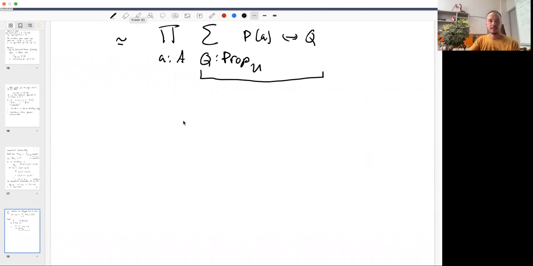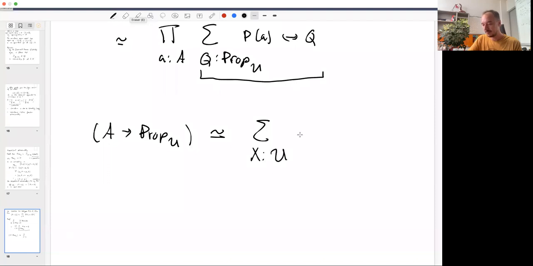Okay, so the next thing we want to show using univalence is that the type of subtypes of A is equivalent to the type of embeddings into A. So this, of course, is also very familiar from set theory, that there are two equivalent ways to describe a subtype or subset of a set.